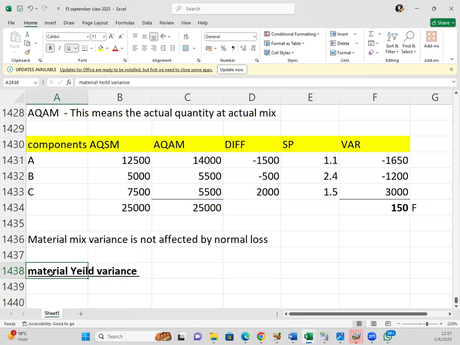Changing the ratio can also affect the output.